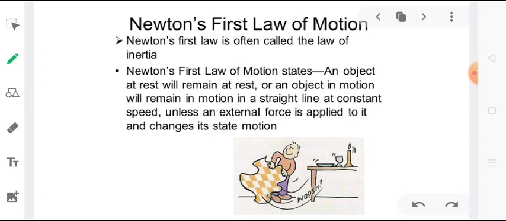So from the first law of motion, we are getting the definition of force. Sometimes this question is asked: which law gives you the definition of force? So the first law of motion tells us the definition of force, isn't it? From the statement of the law, you get an idea of what force is.